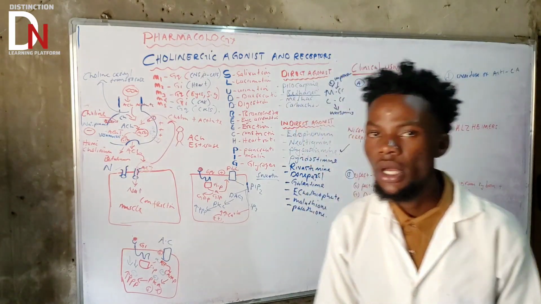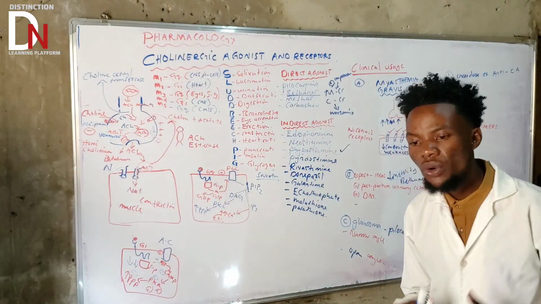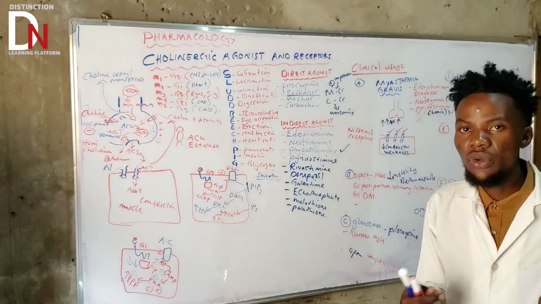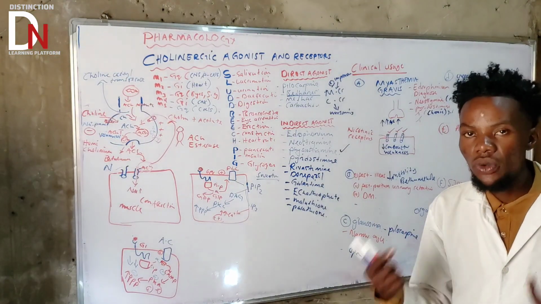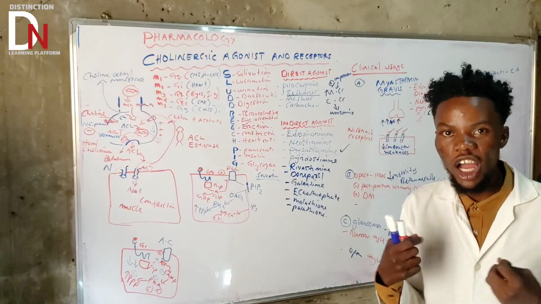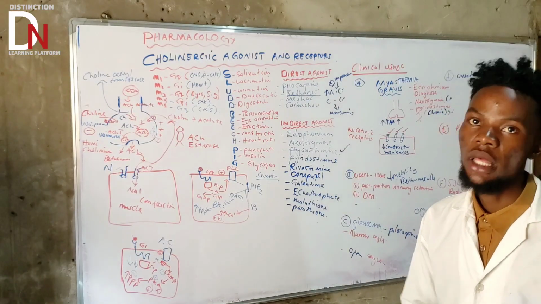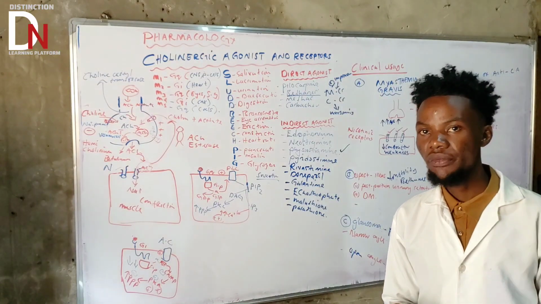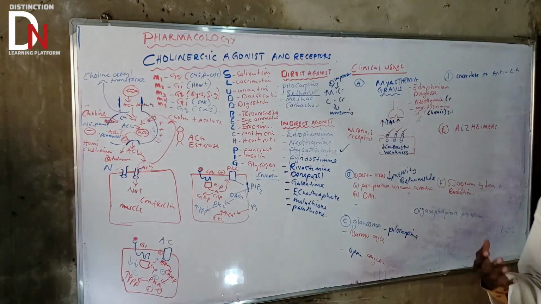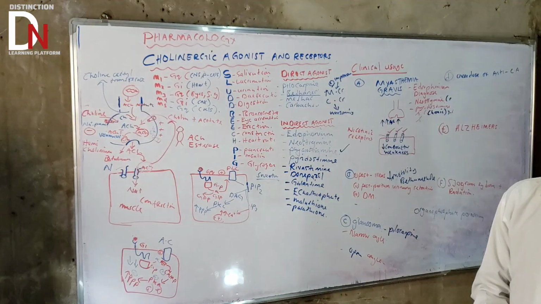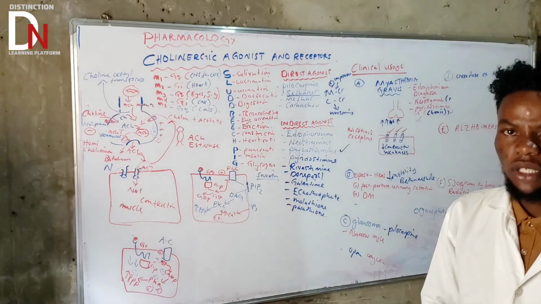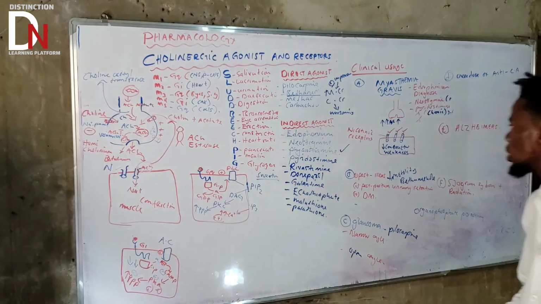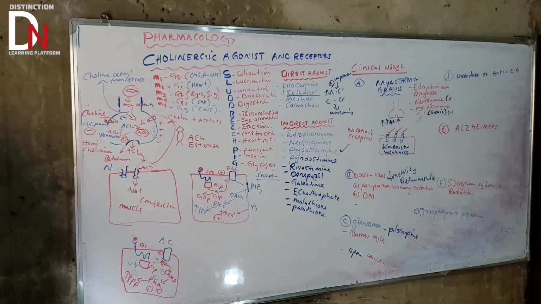What if you have those antagonists in overdose? We can use cholinergic agonists to counteract those antagonists of the cholinergic system. Good examples of those antagonists are atropine, scopolamine, and TCAs, tricyclic antidepressant drugs. We'll talk about them.